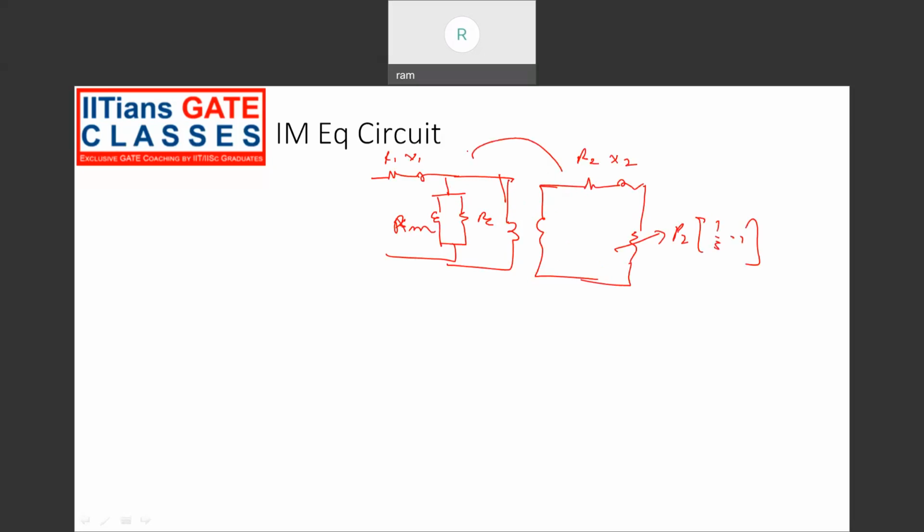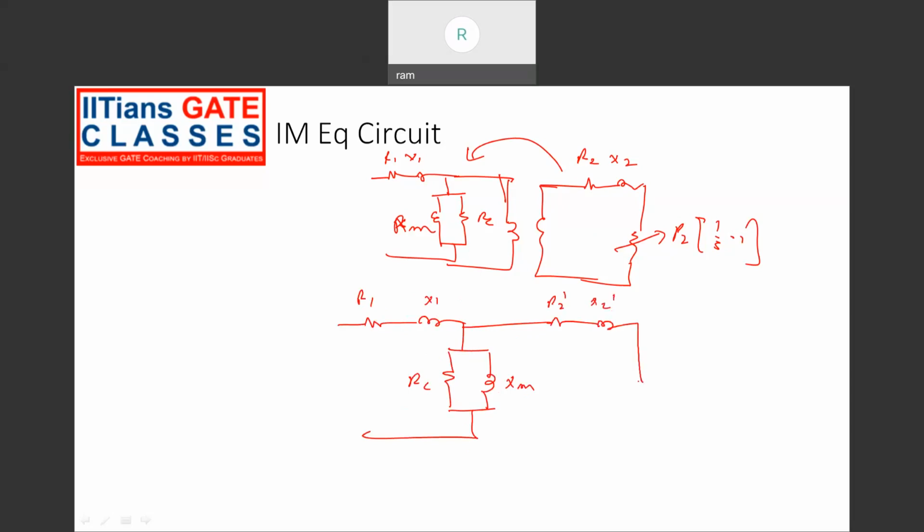Now we have to transfer these parameters to the primary side to get the equivalent circuit. If you transfer them, then the equivalent circuit looks like R1, X1, shunt branch parameters RC, XM, then R2 dash, X2 dash, RL dash.